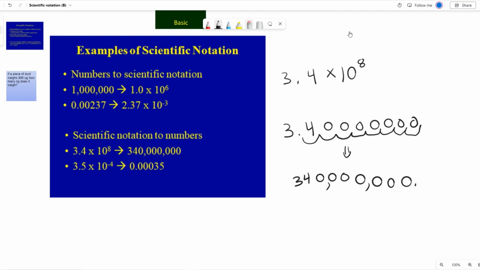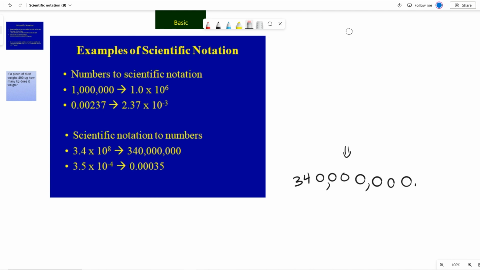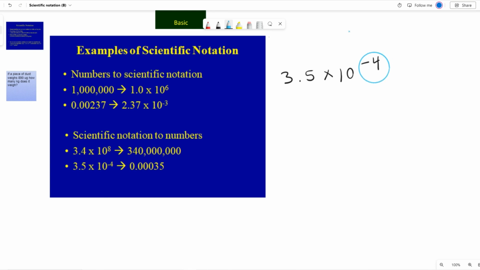We take a look at another example where we go from scientific notation into a number. If we have 3.5 times 10 to the negative 4, this negative 4 is telling us that we need to move our decimal place 4 spaces, and we need to make this number smaller.